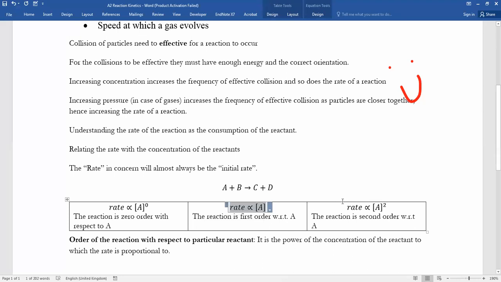The order of the reaction with respect to A can also be 2. The order of the reaction with respect to A can also be 0, or I can say that the concentration of A has no effect on the rate of the reaction. Is this clear or not?